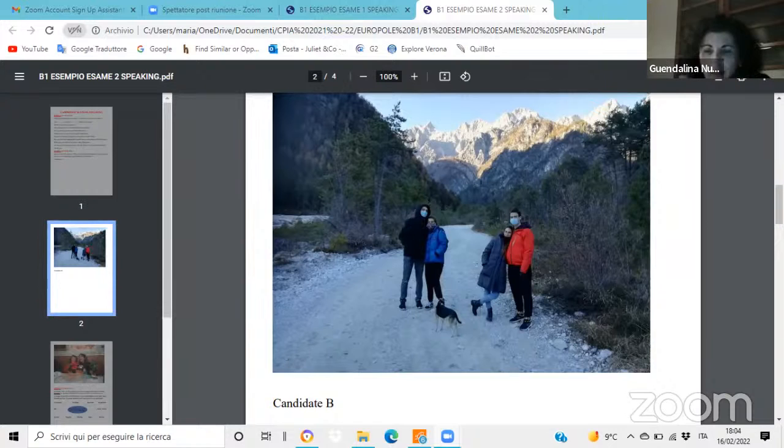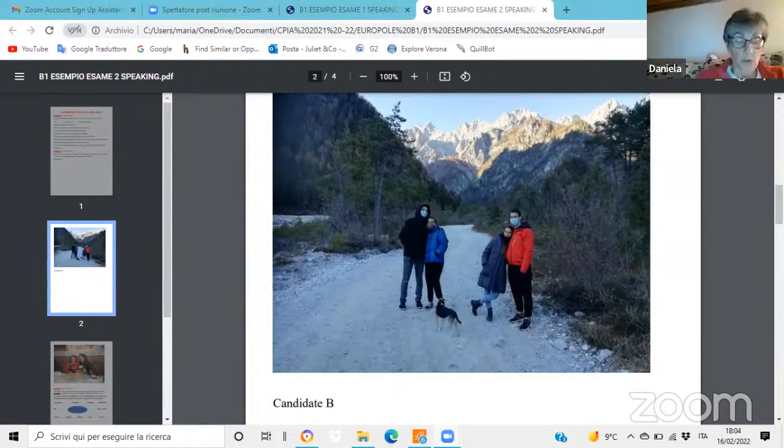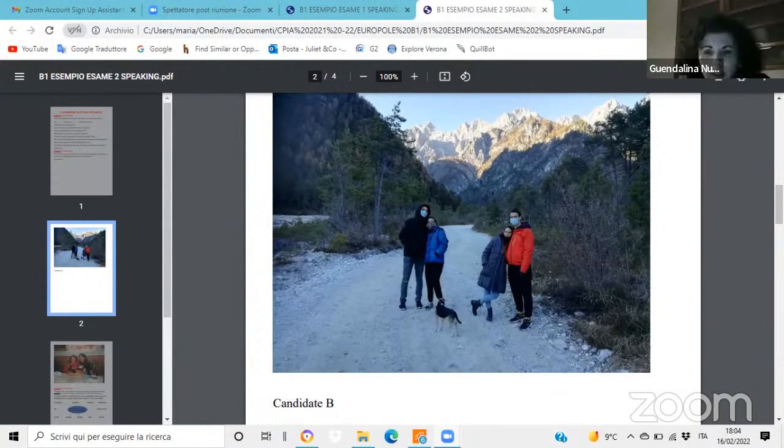Okay. This picture, I think, is recent because the boys are wearing the mask, and they seem to be happy together, and they seem to have fun in their walk.